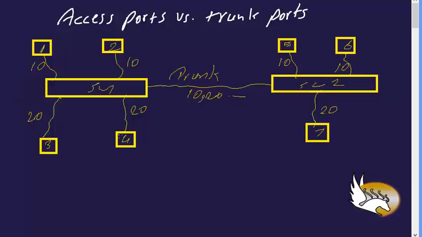And what happens when we are tagging data with a VLAN? When we are sending data from one device to another on a trunk, we add a tag to the data frame.